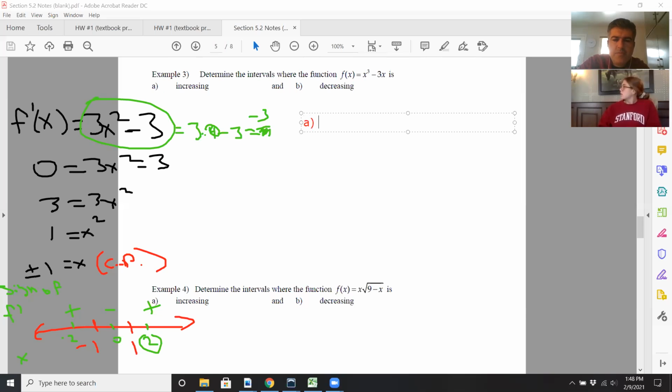So let's see here. f of x is increasing on, you're going to say, negative infinity to negative 1 because f prime is positive.